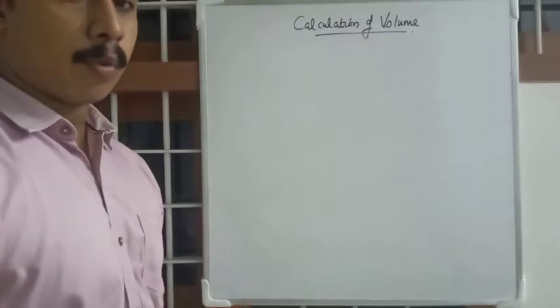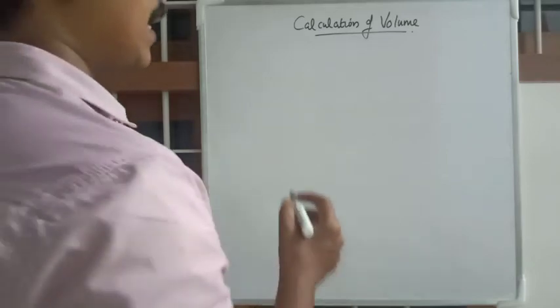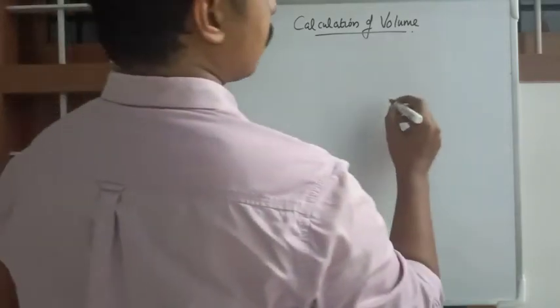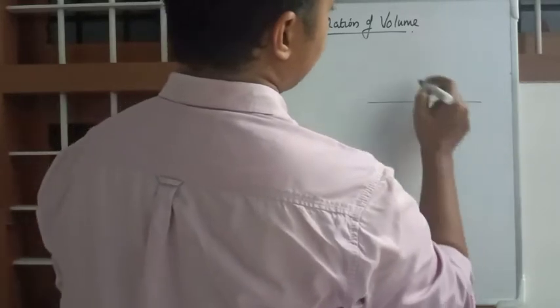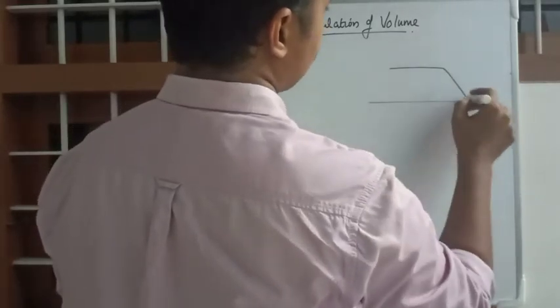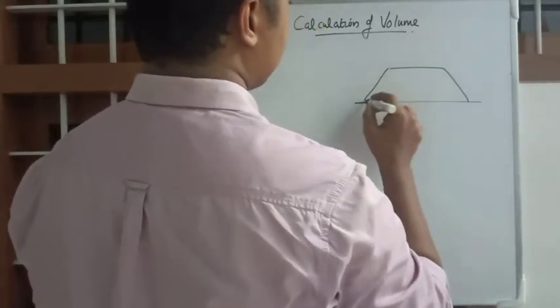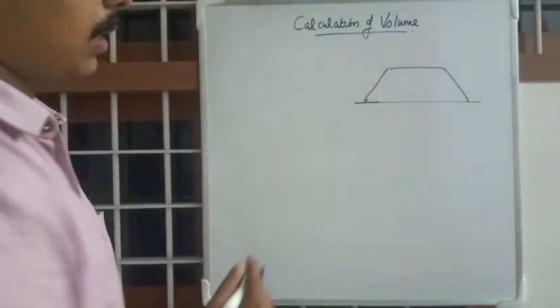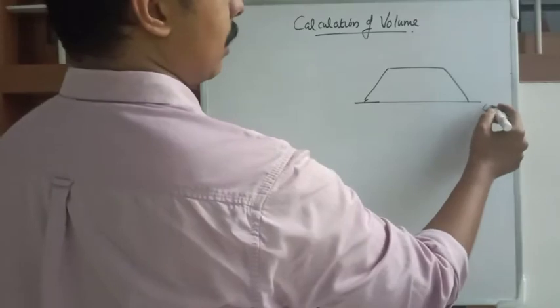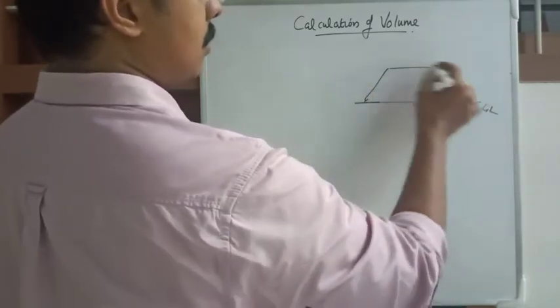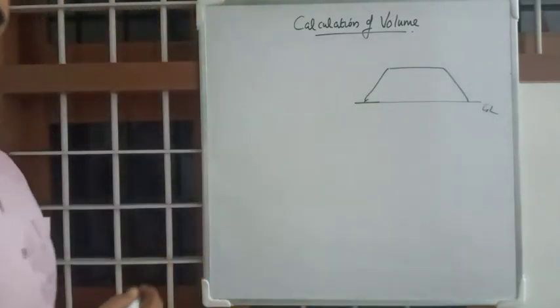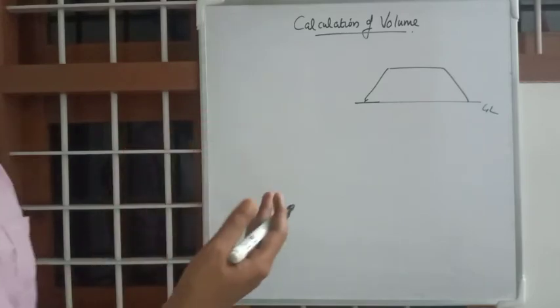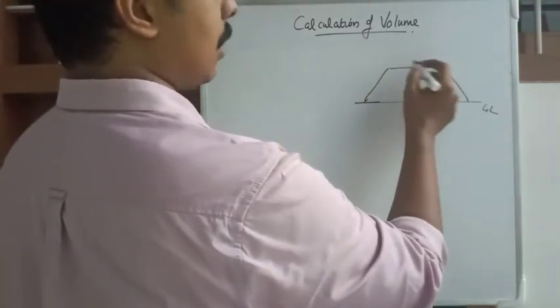So we have a problem. A railway embankment will look like this. As we said in embankments, this is the railway embankment. This was the initial ground level. All this trapezoid was filled by earth, and the railway will be running on the top.